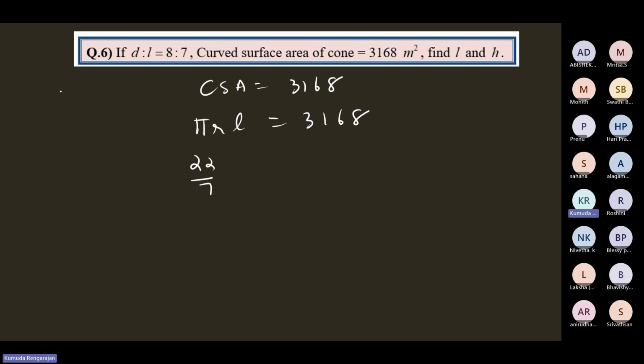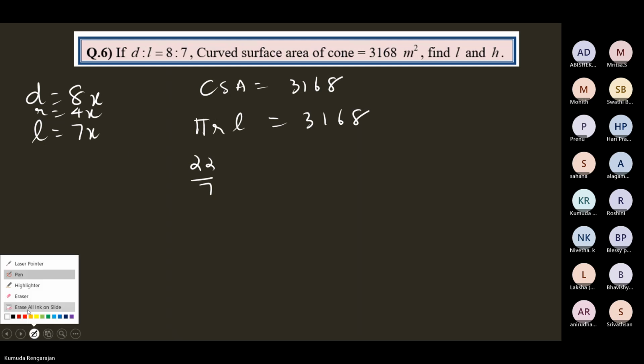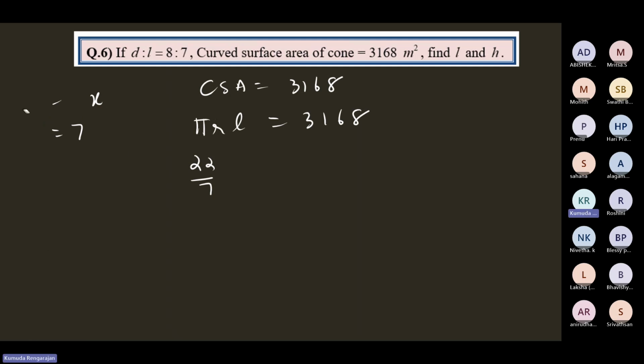Now diameter and slant height are in the ratio 8:7. So if the diameter is 8x, the slant height is 7x. Then what's the radius? 8x by 2, 4x.